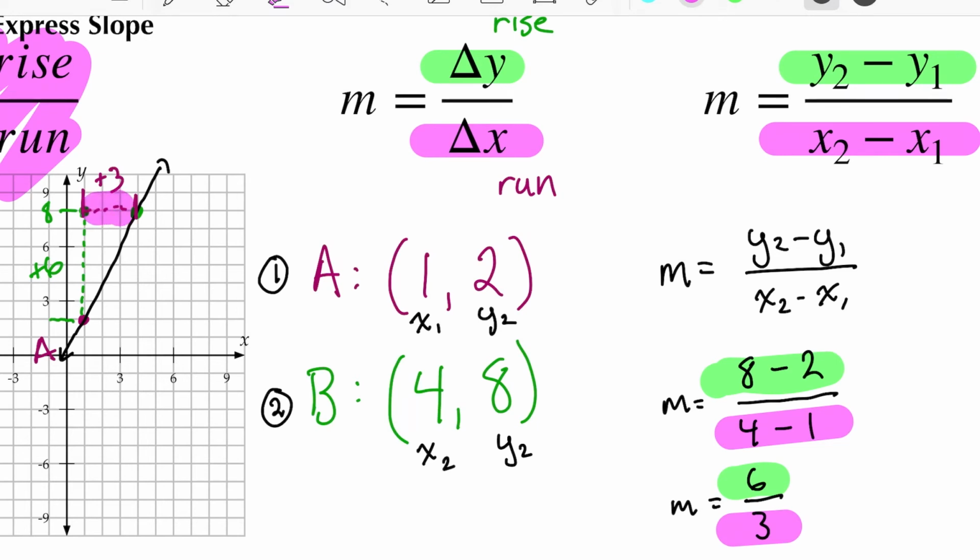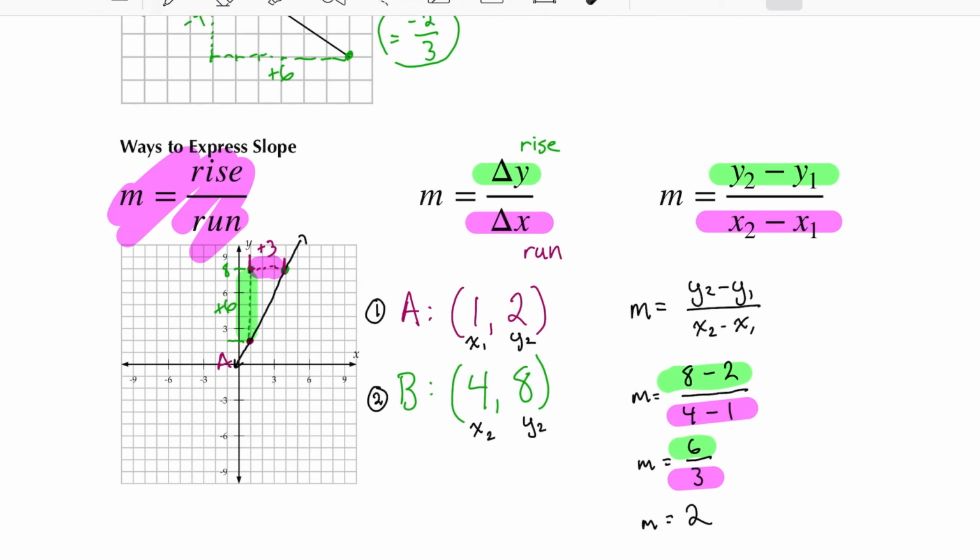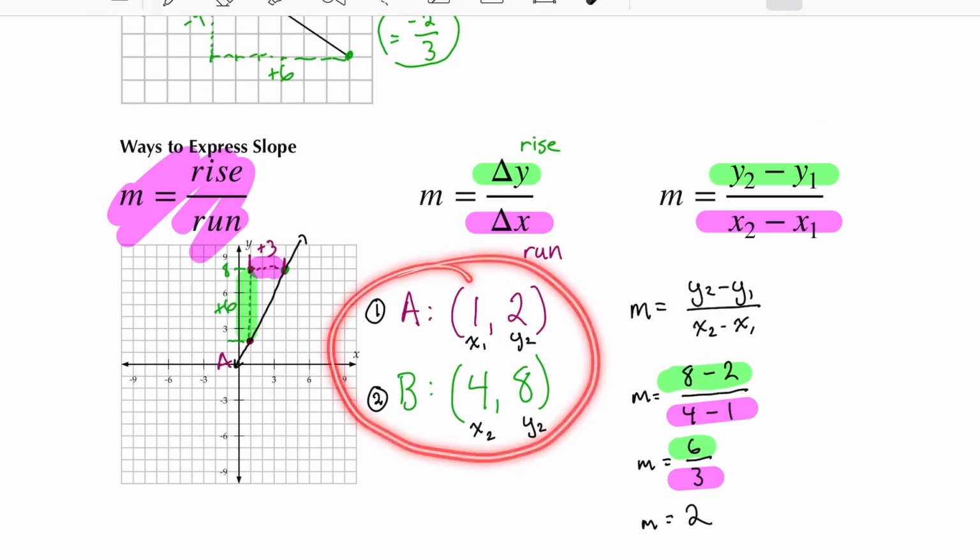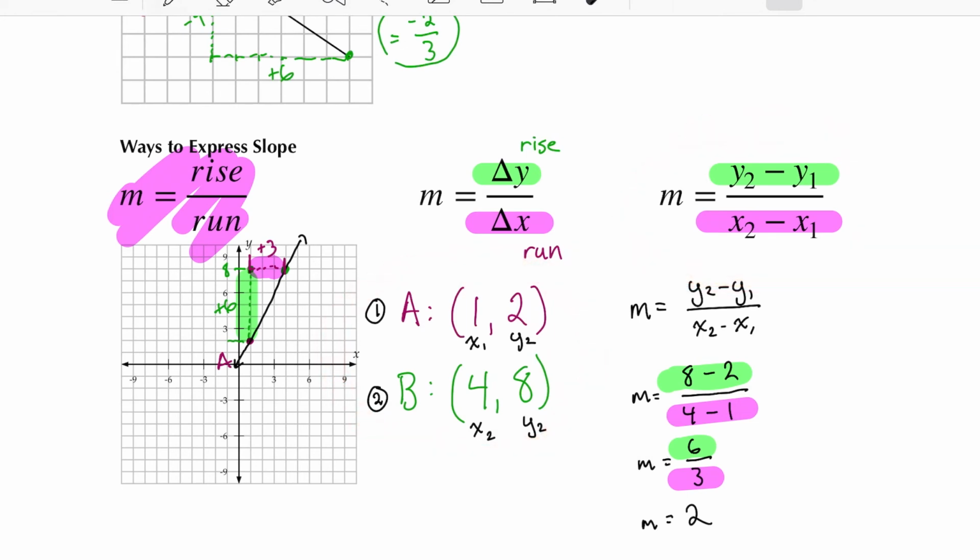We just computed it with a formula. So our change in y, if we look here, our change in y was this plus 6. Our change in x was this plus 3. All right, so you should be able to, given 2 points, determine the slope using this formula.